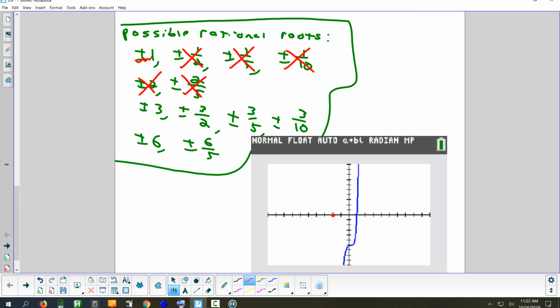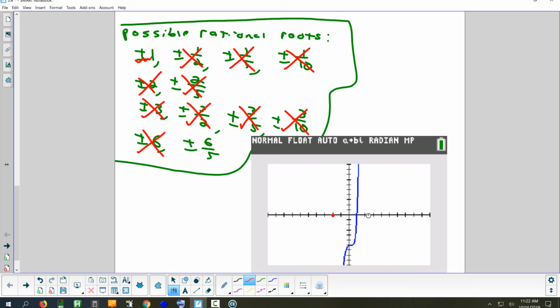No. That's even worse than plus or minus 2. How about plus or minus 1.5? No. Not really. Plus or minus 3/5? That's 0.6. Plus or minus 3/10? No. Plus or minus 6? It's nowhere near that. Now, how about negative 6/5?